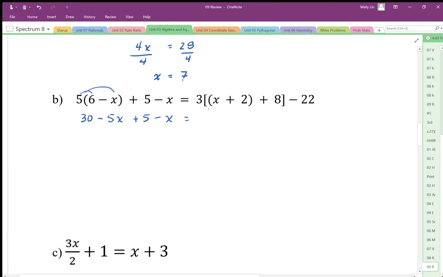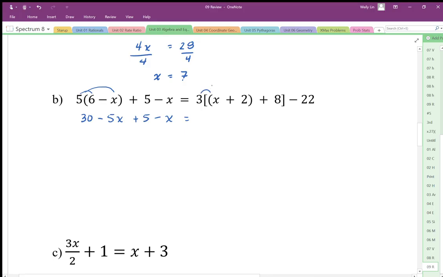We could do this two ways. We could either combine the like terms inside the square brackets, then distribute, or we can distribute all three terms. So either way is fine. Depending on how you organize things, I might want to combine those like terms, then distribute.